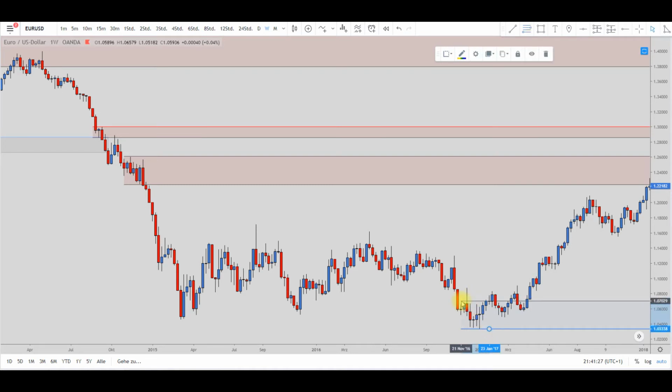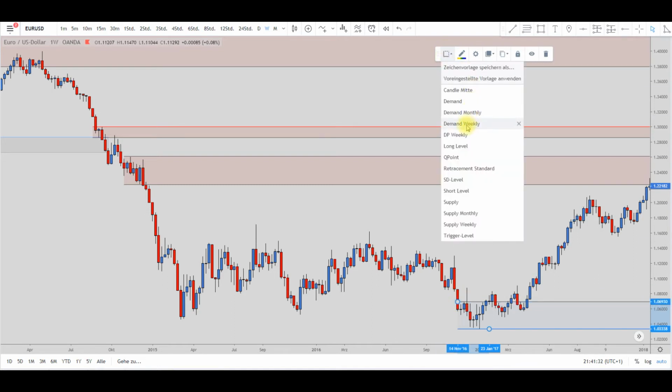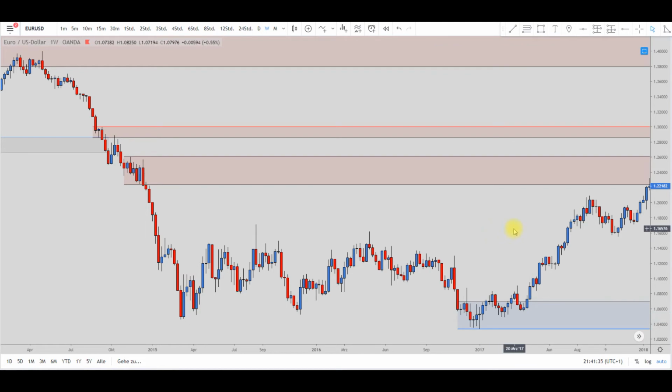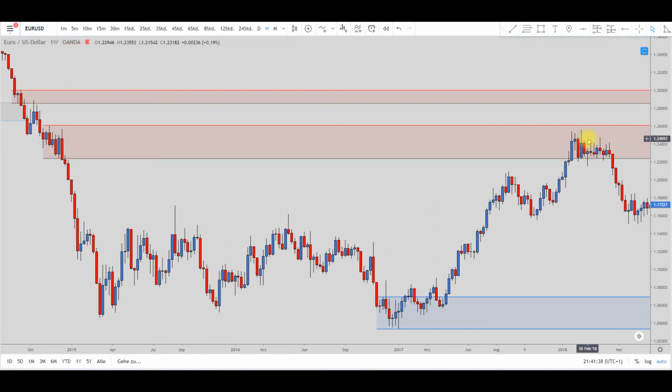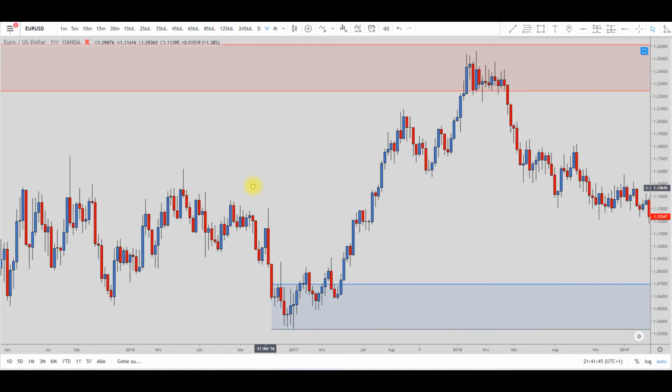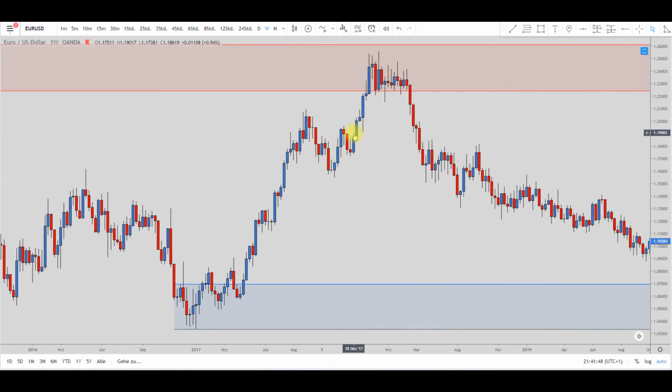This is weekly demand and came into weekly supply, which was the drop, base, drop from 2014. Traded through this level of demand with a small drop, base, drop that has been tested twice after.